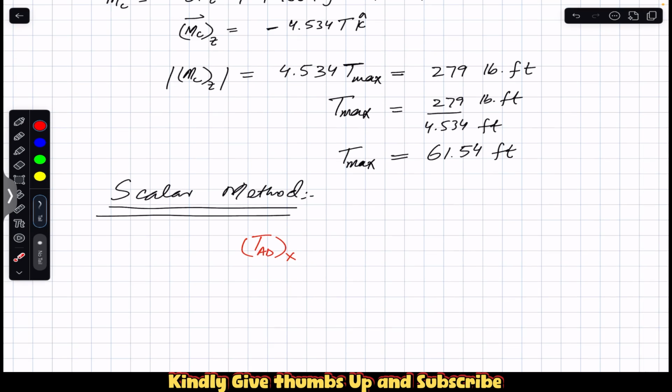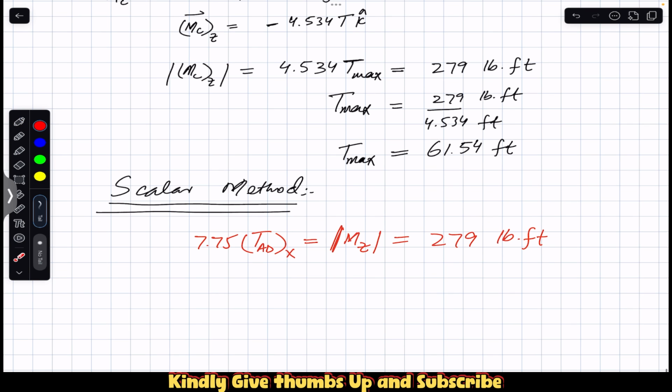So 7.75 times T_ADx will be equal to the magnitude of the moment about the z-axis, which is given as 279 pound-feet.